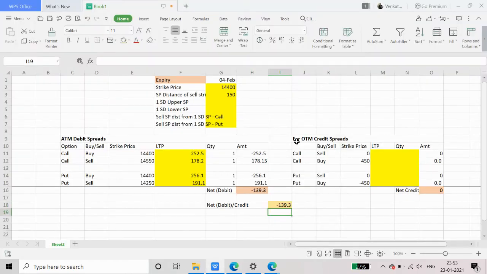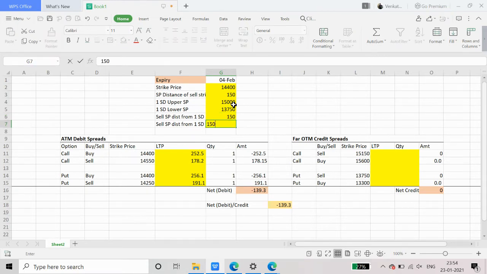So we enter the same here. So our one standard deviation upper strike price is 15,000. Our one standard deviation lower strike price is 13,750. We will not sell these strike prices.